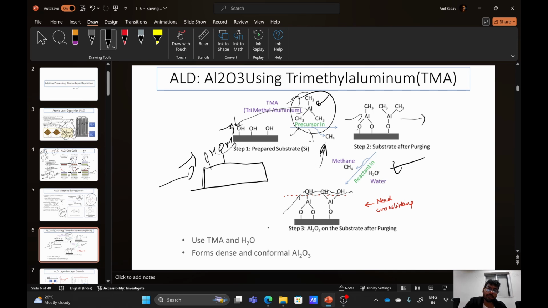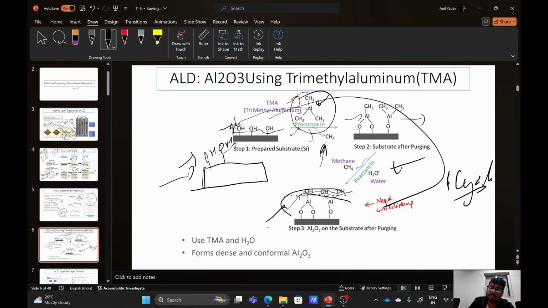From where we started with the OH termination, we again got the OH termination. This typically represents a single cycle, in which one atomic layer of Al2O3 is deposited.